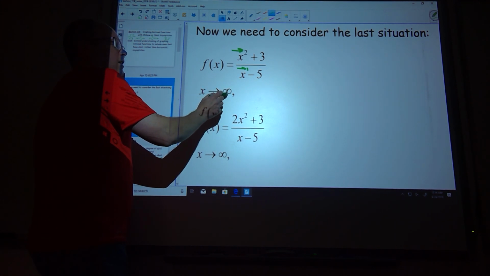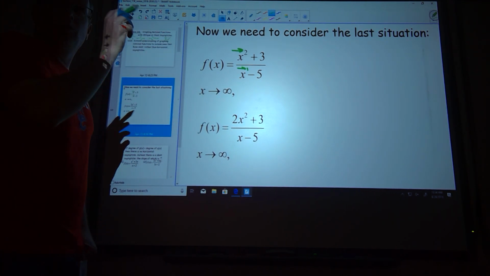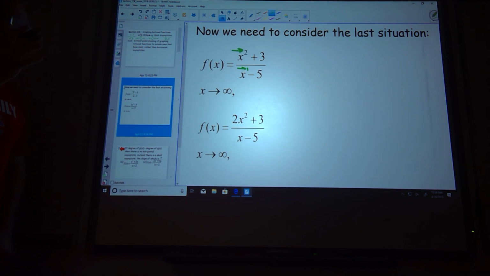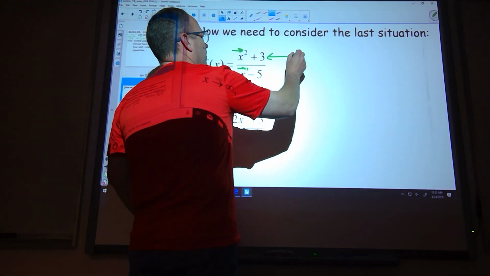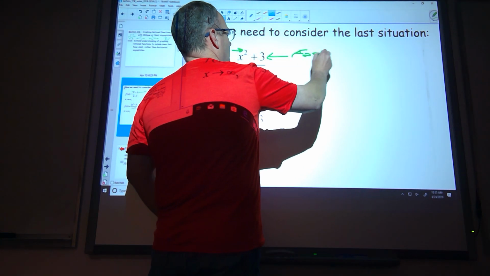As I plug numbers going to the right, so starting from 0, as I plug numbers in, what grows faster, the top or the bottom? Does it grow faster if I square something and add 3 or just subtract 5? The top grows faster, so this will grow faster than the bottom.